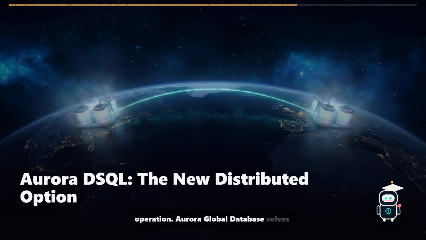Aurora Global Database solves a different problem. One primary writer region, secondary regions for read scaling, and regional disaster recovery. Aurora DSQL multi-region clusters are limited to supported region sets, so it is not a universal cross-continent design option.